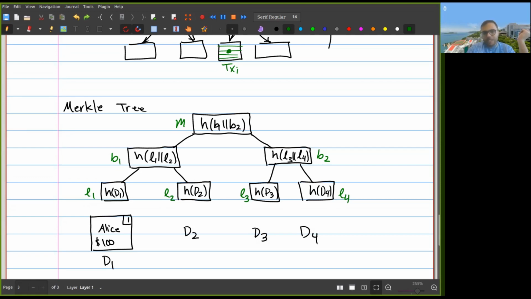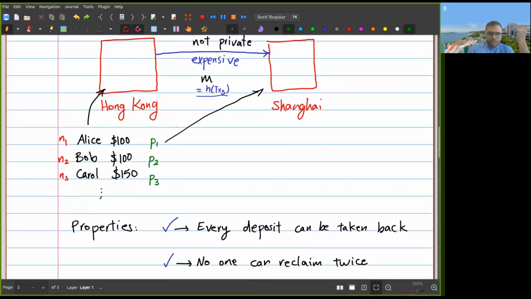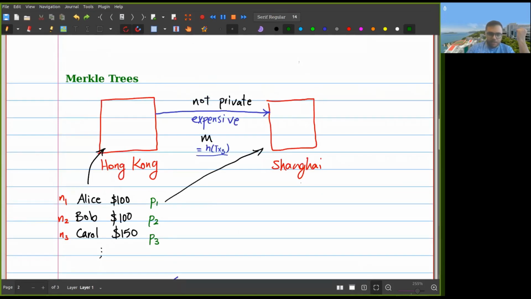But if B2 changes, then this hash has to change, so M changes. No matter what you change here, your Merkle root will always change. So if you give the Merkle root as this M, instead of just the hash of a transaction, now this M is the root of my Merkle tree.